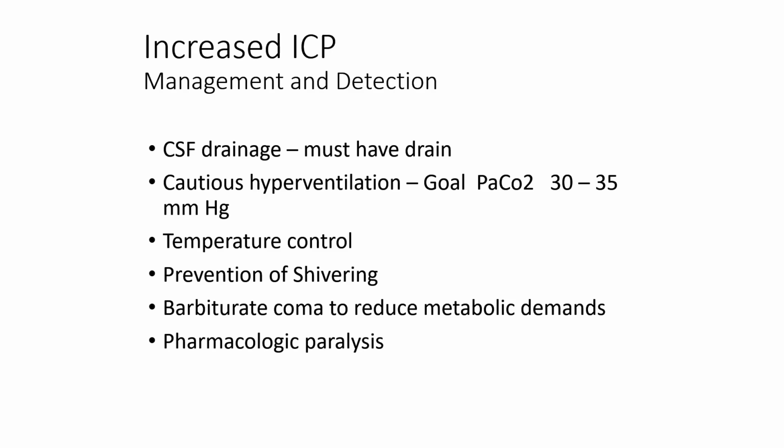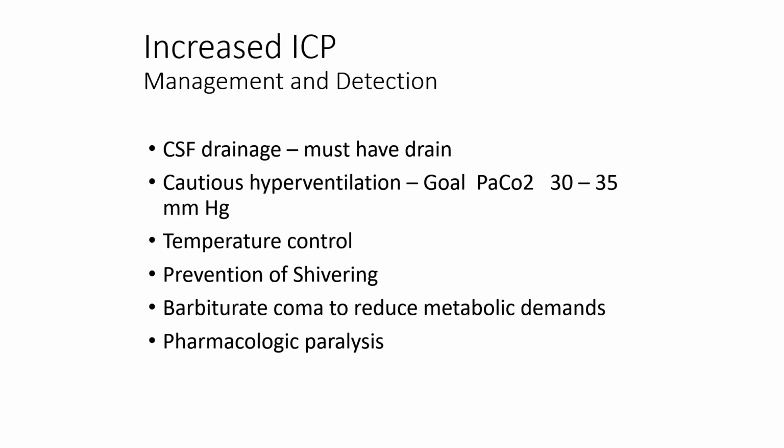If they become feverish or antipyretic, we want to use Tylenol and maybe a cooling blanket to bring that down. But we don't want them to shiver. Sometimes if we bring temperatures down too fast and too low, it causes shivering in our patients. But shivering increases the metabolic demands of the brain and also increases ICP. So we want to control their temperature without making them shiver.